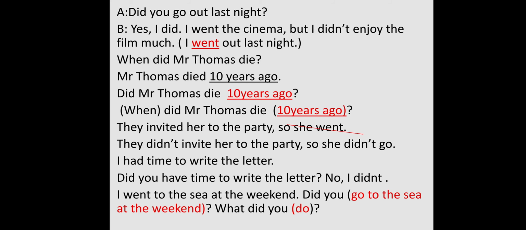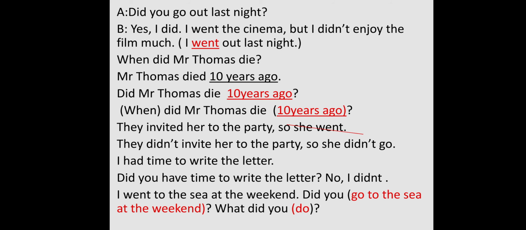To ask about 10 years ago, the period of time, to ask about time, we use the WH question word when. So we put when at the beginning and remove 10 years ago.